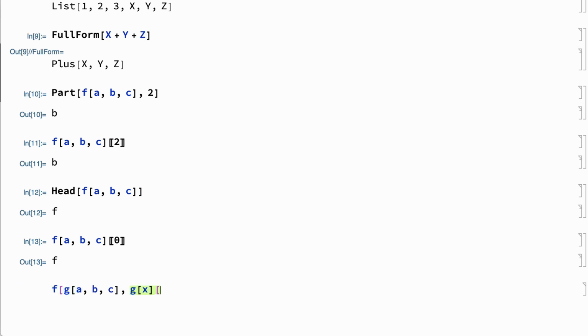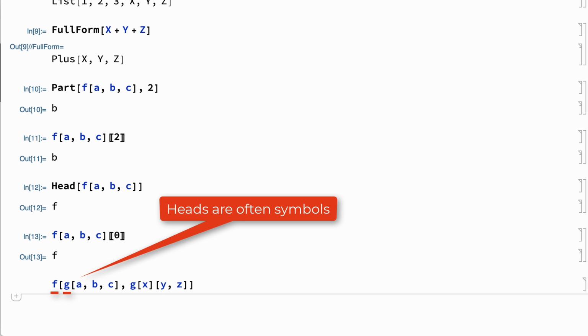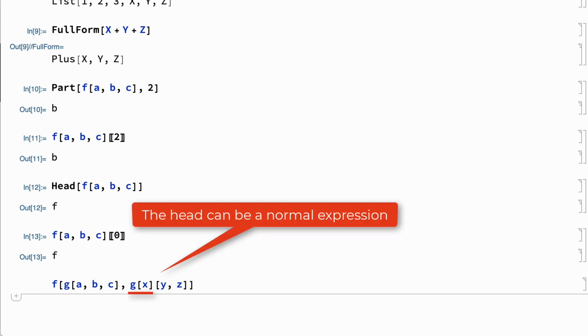For example, here is a more complicated normal expression where the head is the symbol f, which is an atomic expression. The first element is g of a b c, which is a normal expression, and the second element is also a normal expression. In many normal expressions, the head is a symbol like f or g, but the head can be any expression. In that example, the head of the second element is g of x, which is another normal expression.